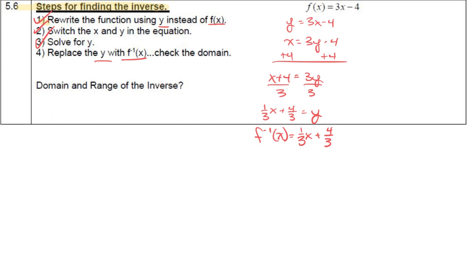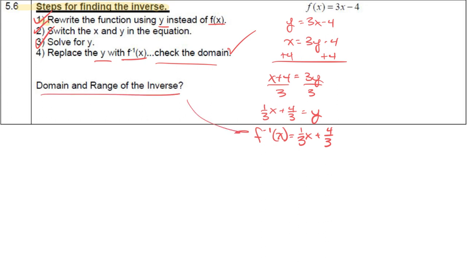There you go. Check the domain. What does it mean to check the domain? It's asking, are there any values of x that give me something that is not a real number? And no, we're good. Nothing turns a denominator into a 0, and I don't have a negative under a radical. Then what's the domain and range of this?